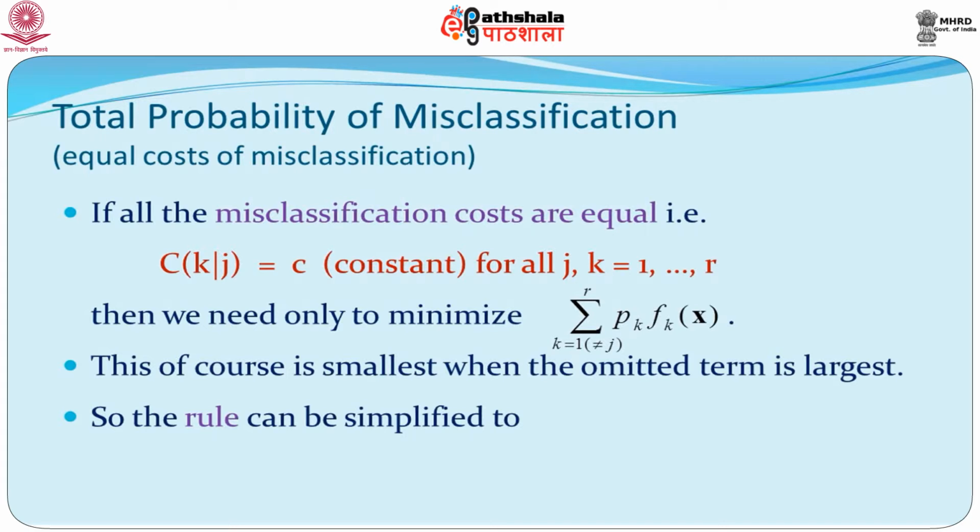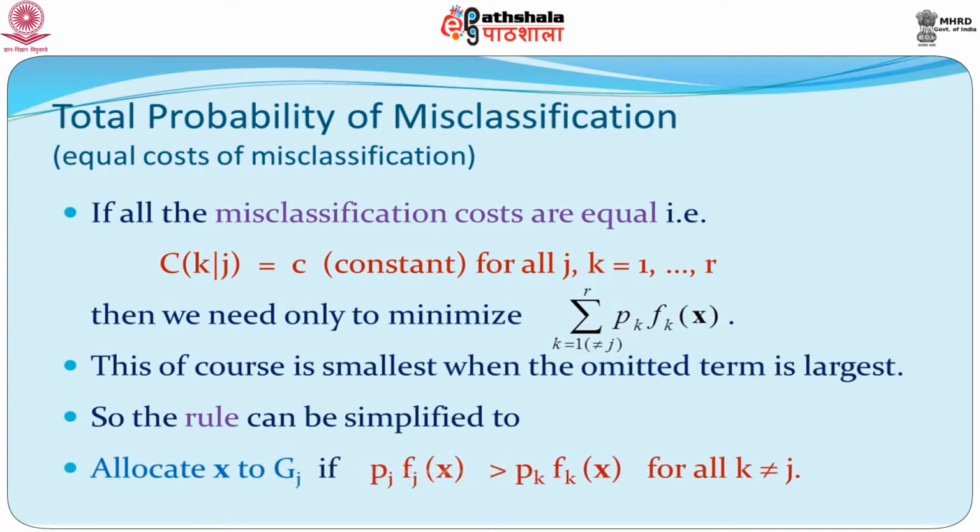So, the minimum would come out as the largest of these values, because you have a negative sign. So, the rule can be simplified to allocate x to Gj if Pj Fj(x) is greater than Pk Fk(x) for all k not equal to j.